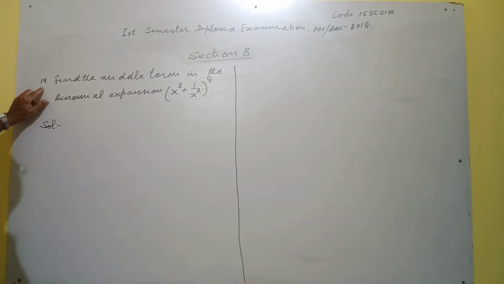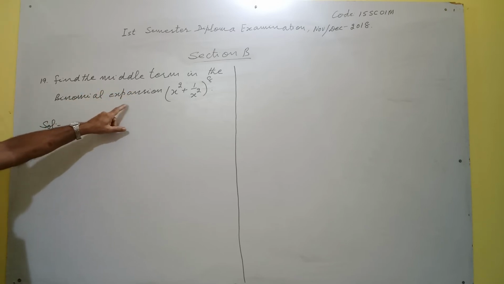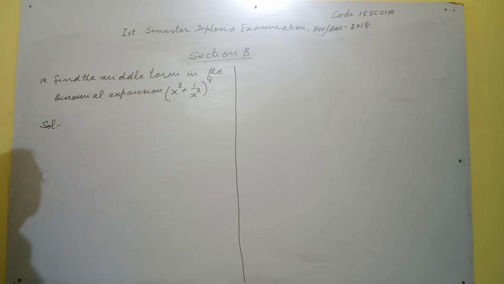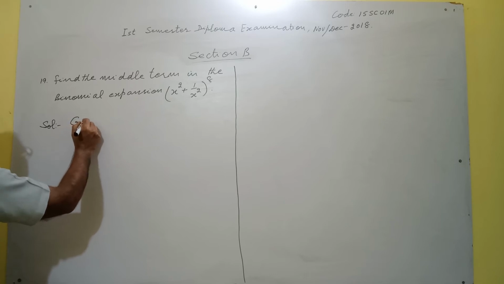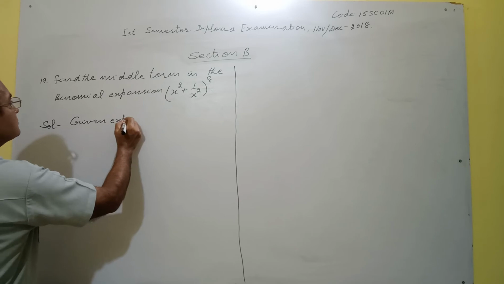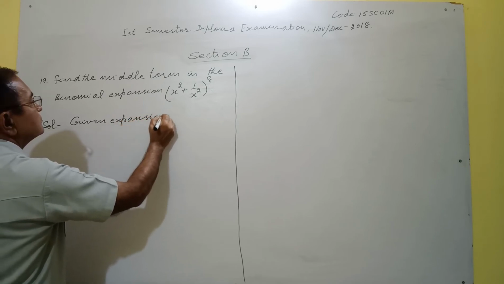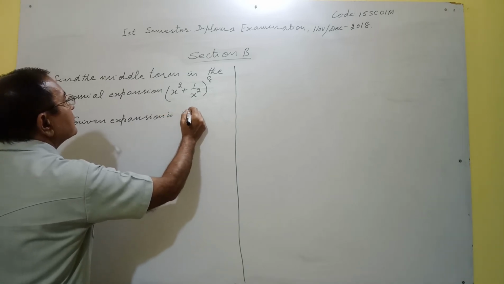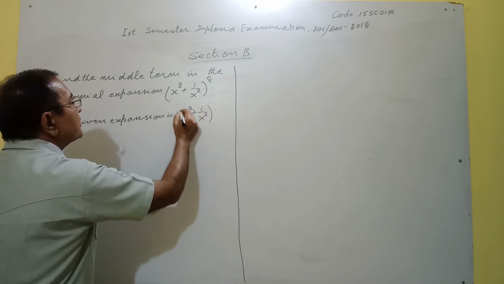19th question. Find the middle term in the binomial expansion of x square plus 1 by x square power 8. Now the given expansion is x square plus 1 by x square power 8.